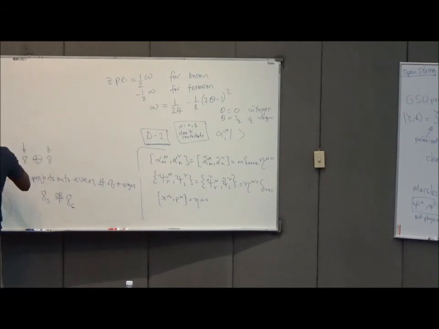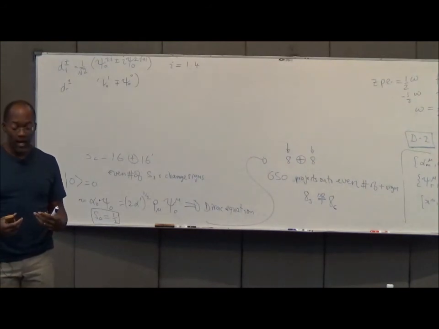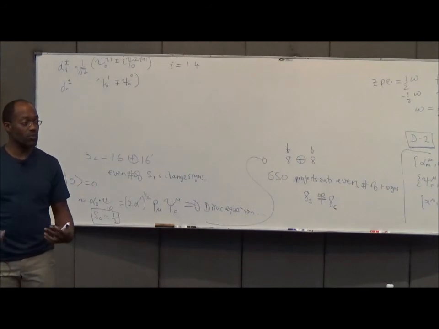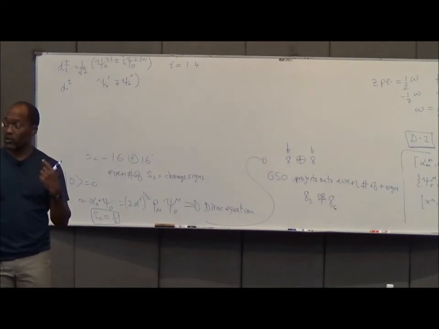Okay, closed string sector. So as I said, from the point of view of exciting things with oscillators, on which oscillators are excited or not, I can think of the closed string sector as simply just like the open string sector, except I have 2 copies, one going to the left, one going to the right.